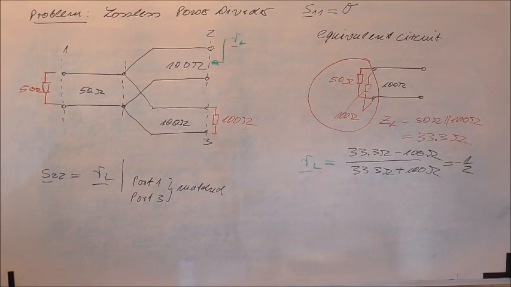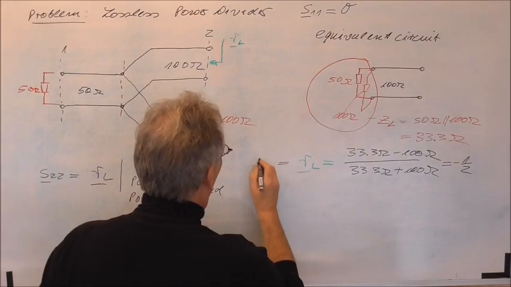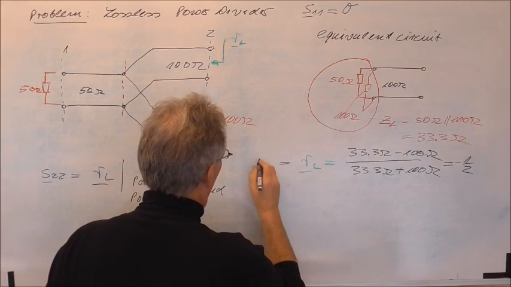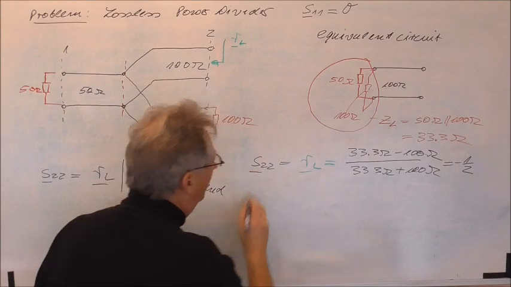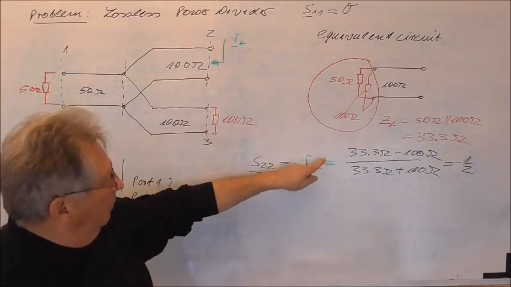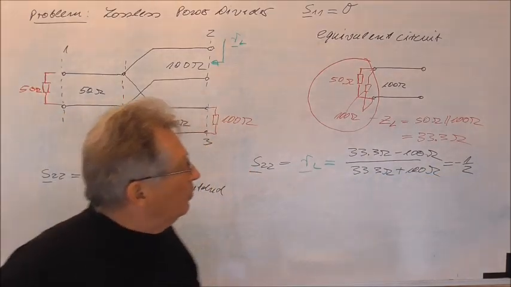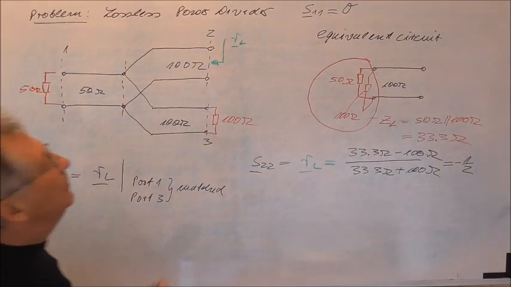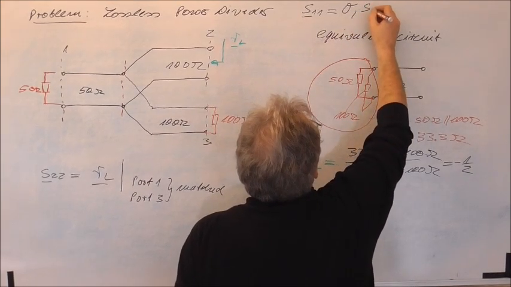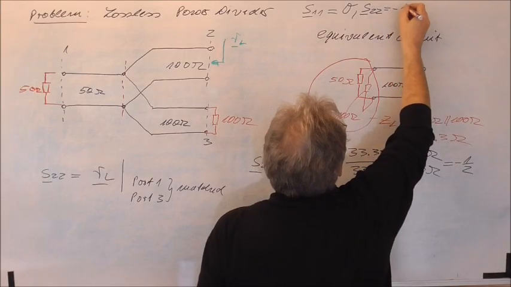So we see now that S22 is equal to the load reflection coefficient, and it's equal to minus 1/2. So we can conclude here S22 is minus 1/2.